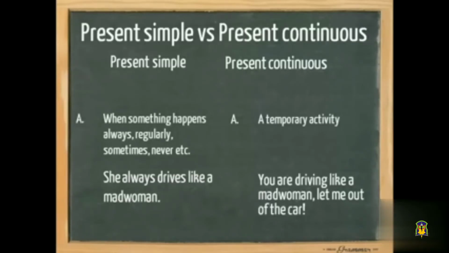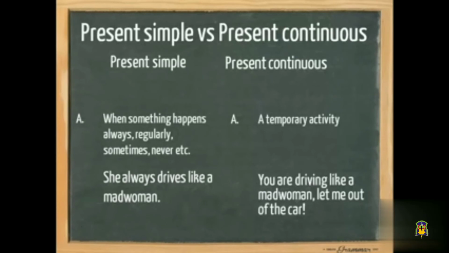So children, I already told you there are some rules to follow while using simple present tense and present continuous tense. First rule: when something happens always, regularly, on a daily basis, sometimes or never, we use simple present tense. For example, "She always drives like a mad woman."